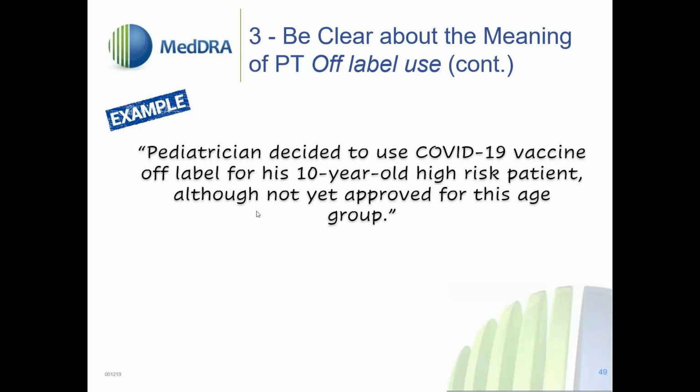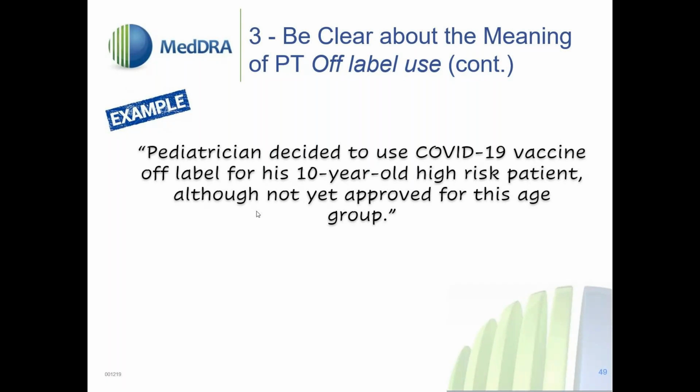So HCP has caused the deviation. It was a pediatrician. He did it intentionally. He decided to do so, and based on therapeutic considerations, because he wanted to protect his 10-year-old patient from an infection.